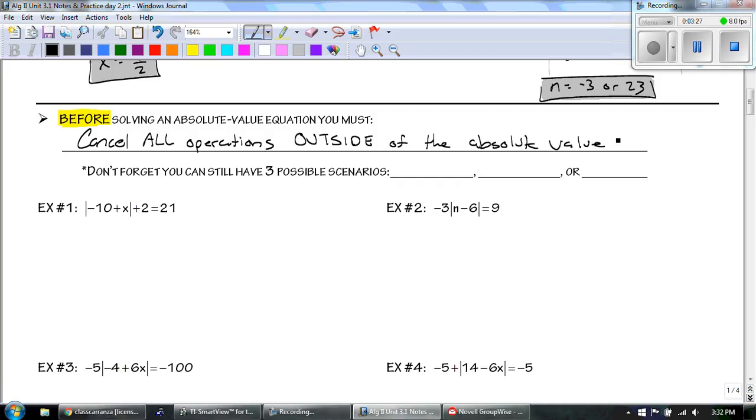Okay, so before we begin, we have to cancel all operations outside of the absolute value. Okay, then, only then can we check if it has two solutions, one solution, or no solution. Okay, so we have to cancel everything on the outside first, and then we do all that.